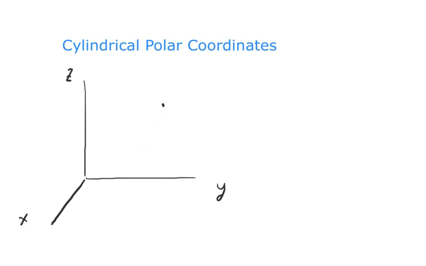So first things first, I'm going to draw a perpendicular line from that point down to the XY plane. In the XY plane, there's going to be a distance from the origin to that point. And now I'm going to use everything I just discovered about plane polar coordinates. I'm going to call this vector rho.